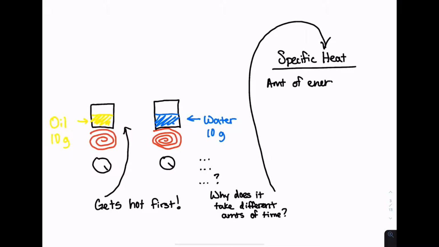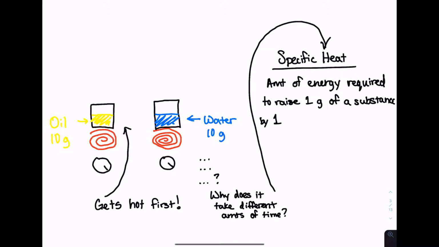The specific heat is defined as the amount of energy required to raise 1 gram of a substance 1 degree Celsius in temperature. It has units of joules per gram per degree Celsius.